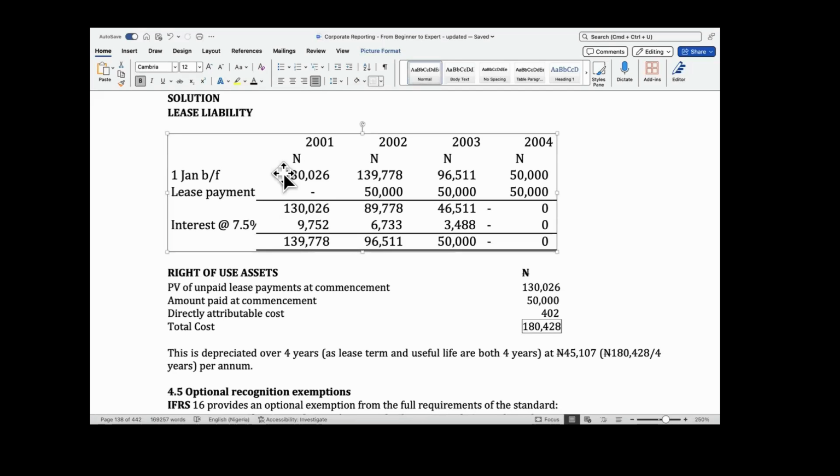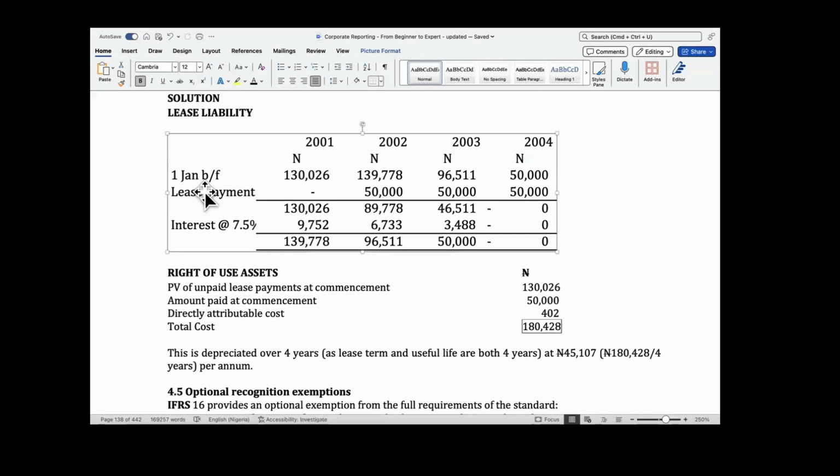And since the lease payment is paid at the commencement date, the lease payment is going to come first. Okay, this is where I was talking about the sequencing. If the lease rentals are paid at the commencement date, you need to remove the lease rental first before you add the interest.